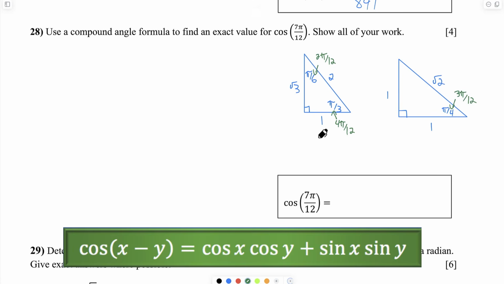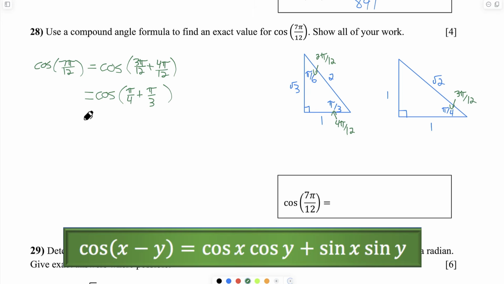Hopefully you can see that if I do 4 pi over 12 plus 3 pi over 12, I get 7 pi over 12. So let me change cosine of 7 pi over 12 to cosine of 3 pi over 12 plus 4 pi over 12. The reason I do that is because when I reduce both of those angles, I get special angles, pi over 4 and pi over 3. And now I can use the compound angle identity for cosine.